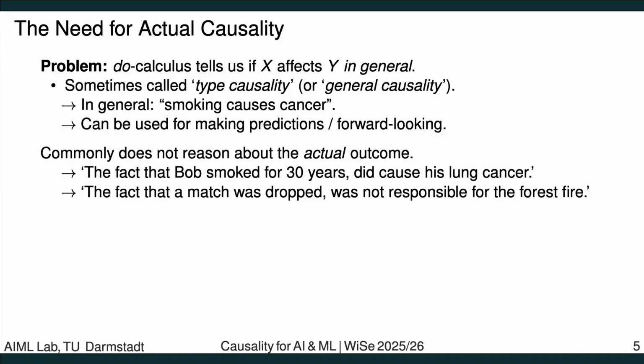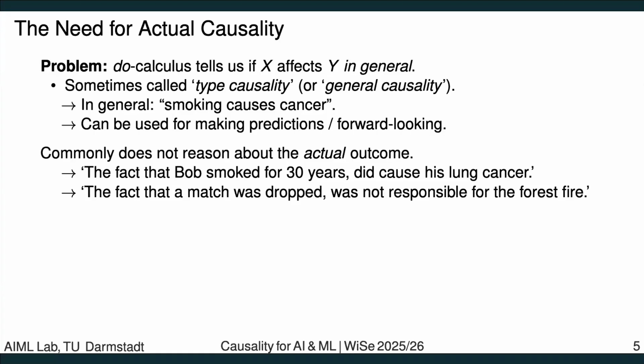And actual causality is then something different, which talks about explaining causes. So it's looking backward. So do calculus might have a problem. I mean, these forms model the same type of causality, right? But the way they do it is different.